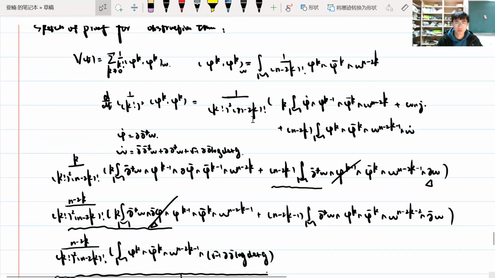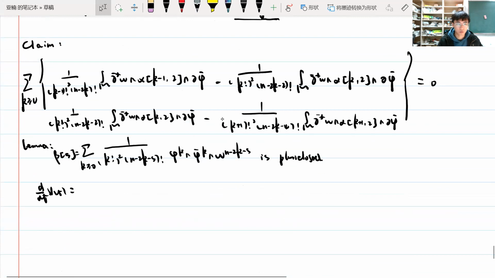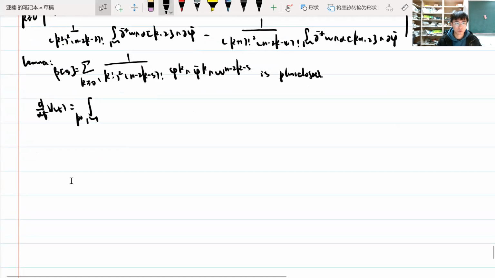Just change this term to the power of omega minus 1, and add a chain class. Sorry, there is something wrong with it.